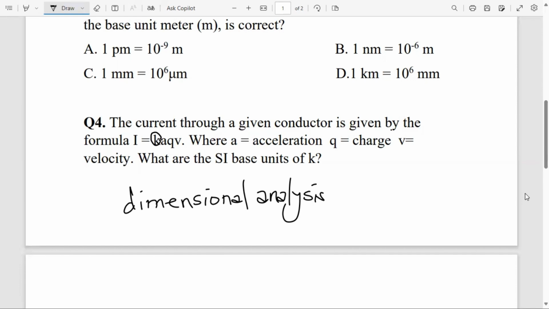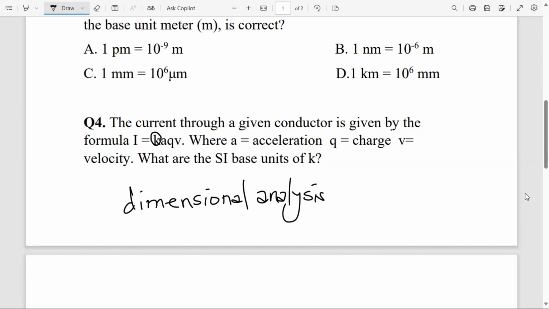So I'll remain with K being equal to A, and A is being multiplied to what? It's being multiplied to S to the power 3 over M squared multiplied by C, like that.